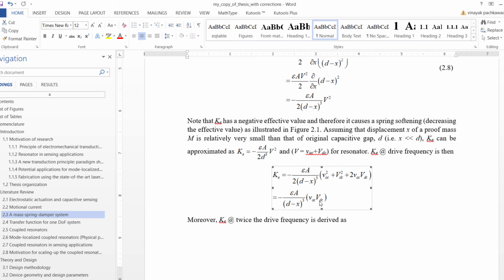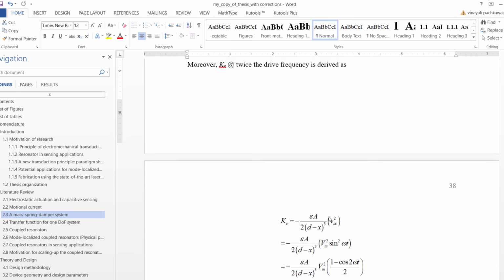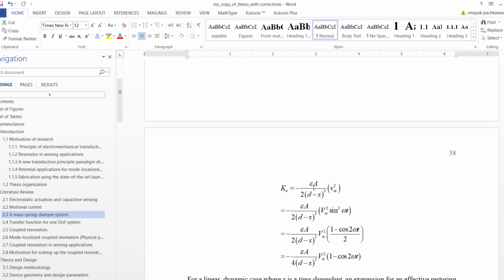If we are interested in deriving the expression of Ke at twice the drive frequency, which is due to this term, as we've seen in the previous video, we can also get an expression of net electrostatic force at twice the drive frequency. Similarly, we are now getting an expression of Ke at this frequency, so we can write Ke equals minus epsilon A over 2 in bracket d minus x whole cube V square AC.